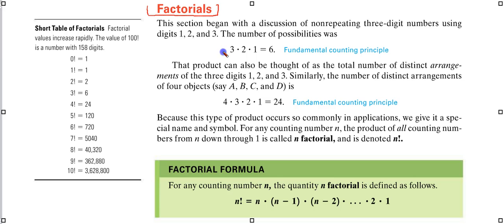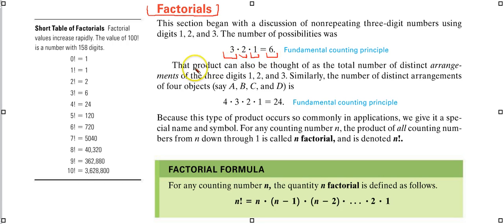Well, the first one, you could use any of the 3. Then once you've used 1, you could use any of the 2 remaining. And then once you've used the second, you would have the 1 left. So we get the sequence 3, 2, 1, which when we multiply them together gives us 6.